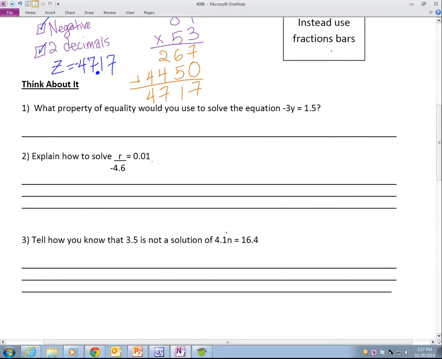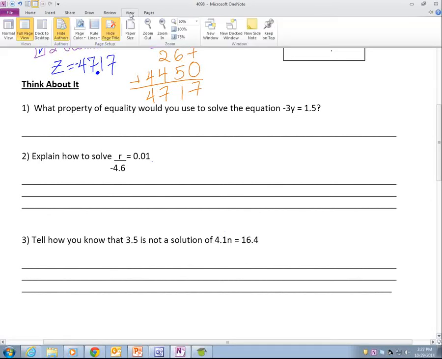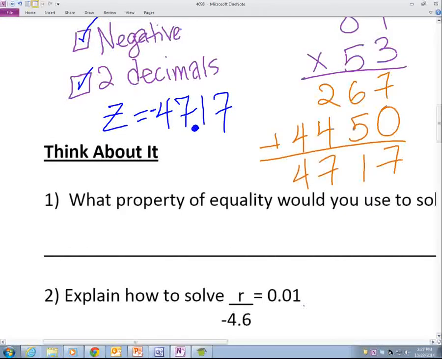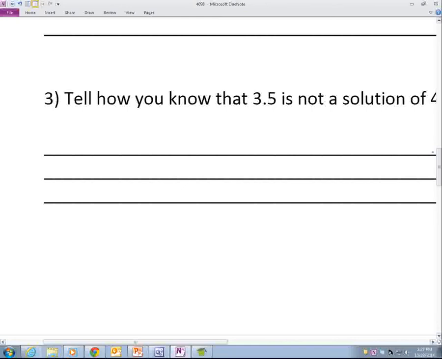We'll see if we can find what you did there by finding another way to do it. Sam's going to give me one, and then I'm going to give you the other. So, Sam, what do you have there? I said because the product of 3.5 and 4.1 is not 16.4. Good. He substituted, or as my freshman algebra teacher used to say, plug and chug.